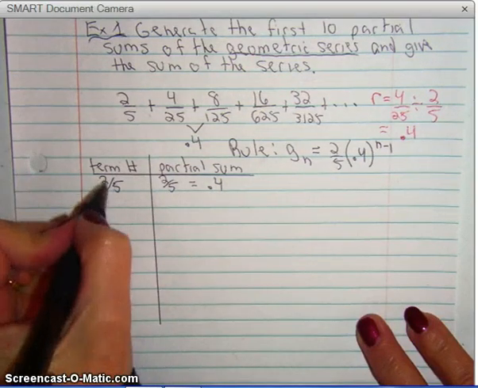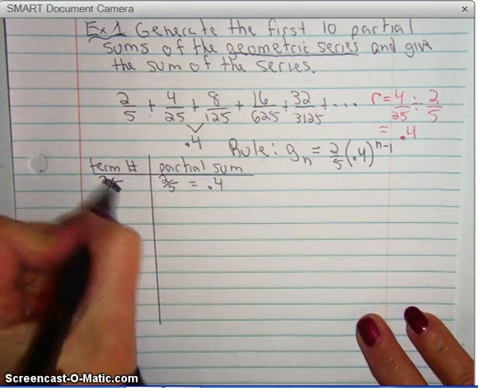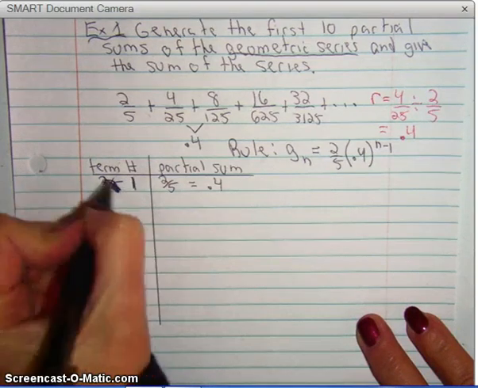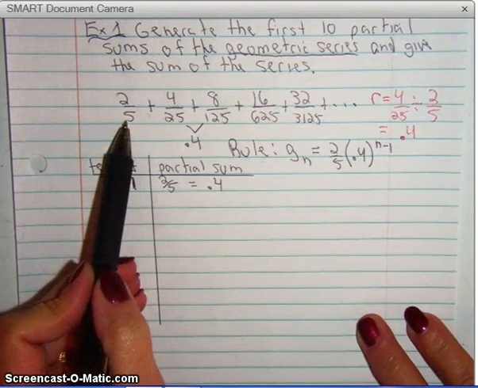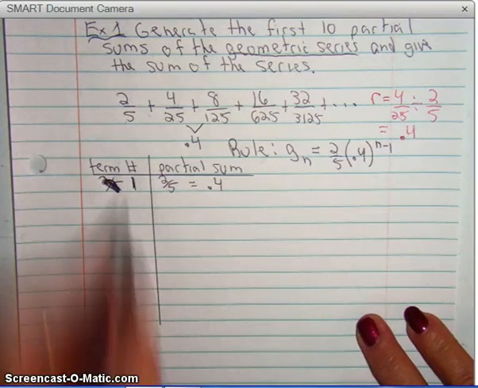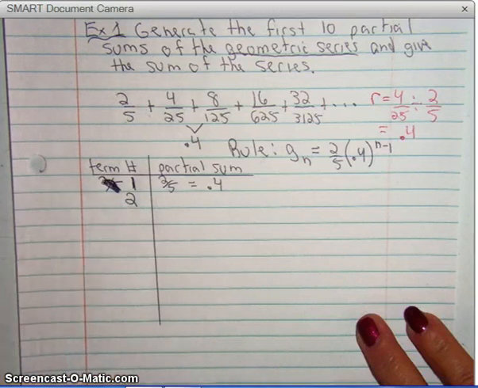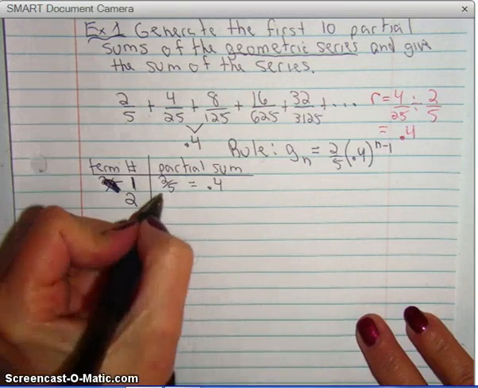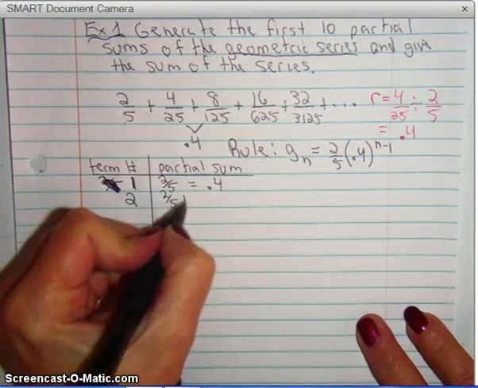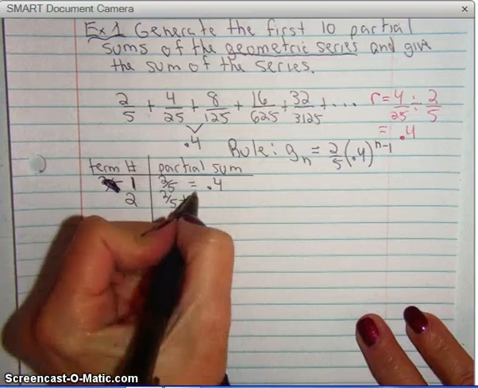The second partial sum is 2/5 plus 4/25.